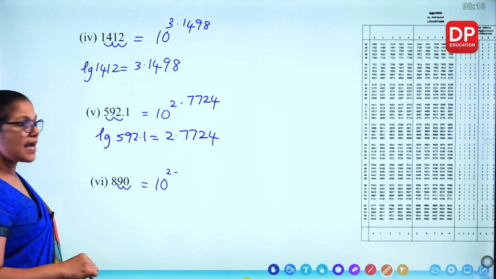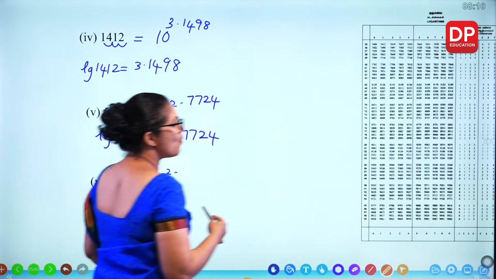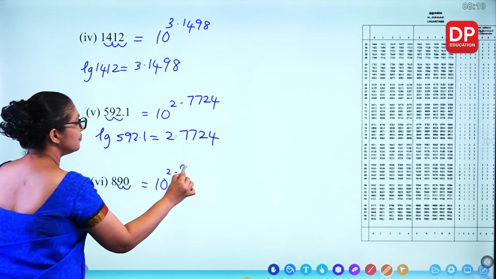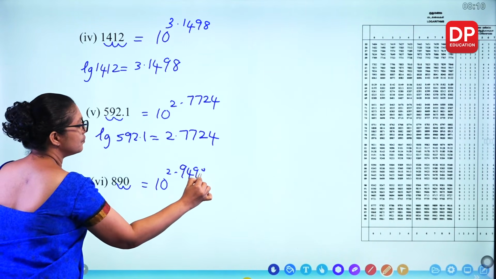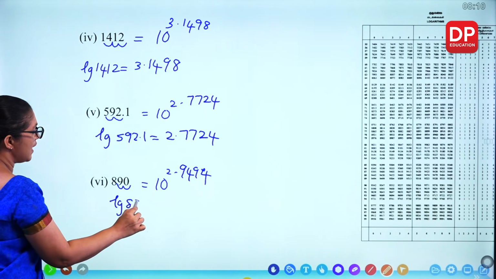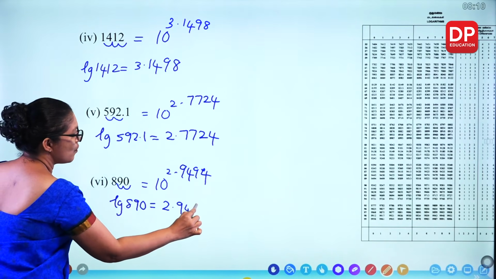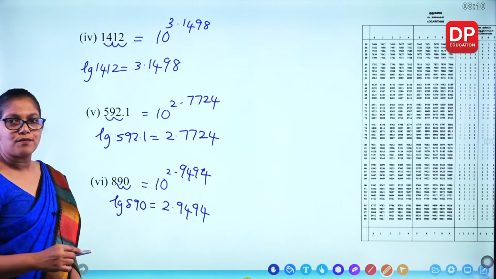Next one, 890, 9494. Then what's the log value? Log of 890 is 2.9494.